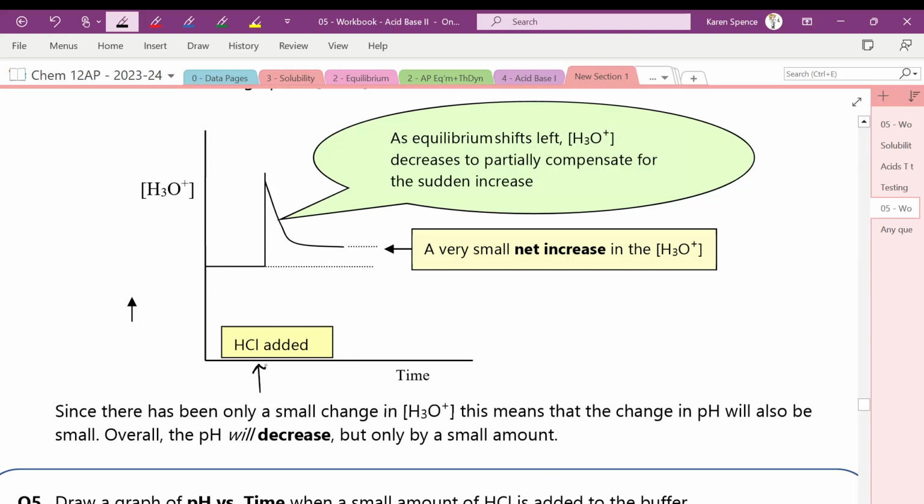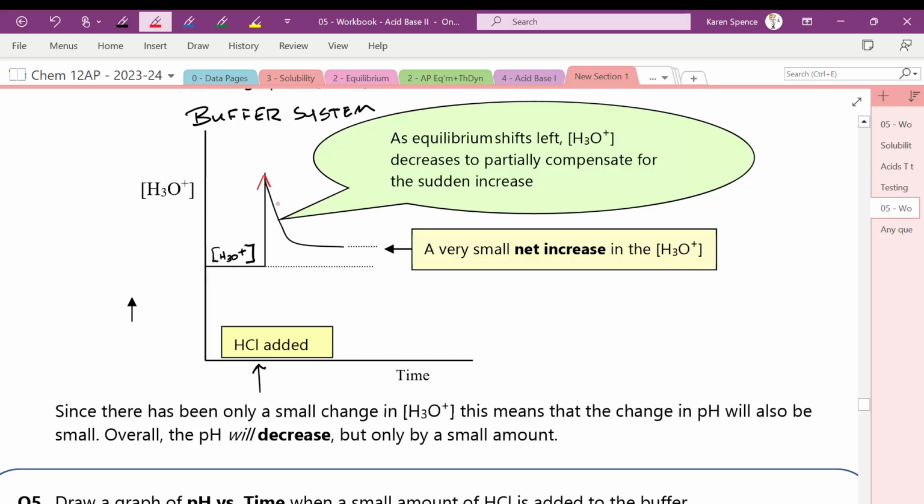Right here, this is our concentration of H3O plus. And this is in a buffer system. Okay, and then we add some HCl, the hydronium ion concentration goes up.